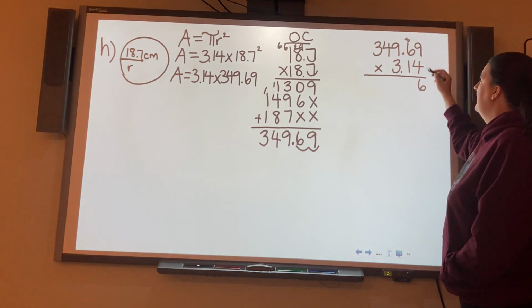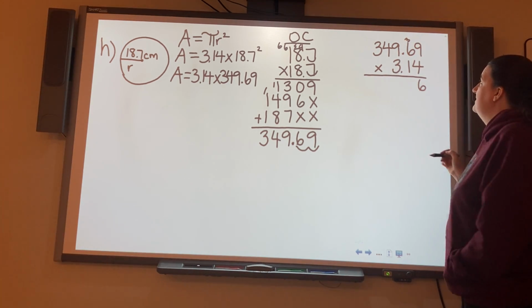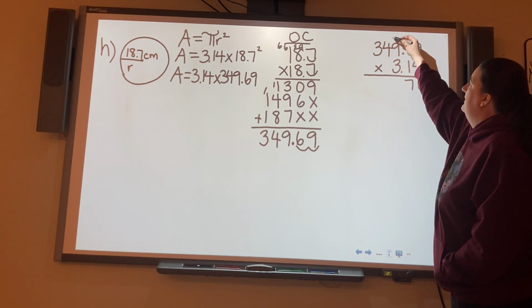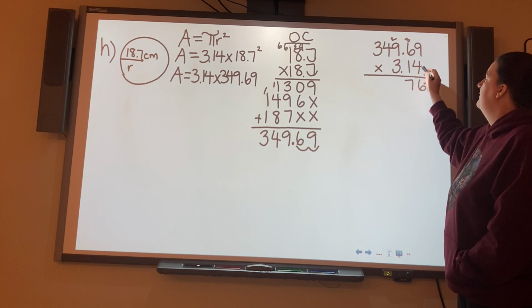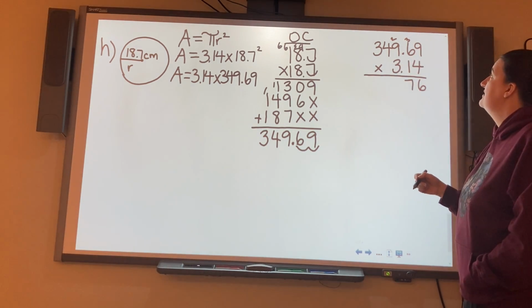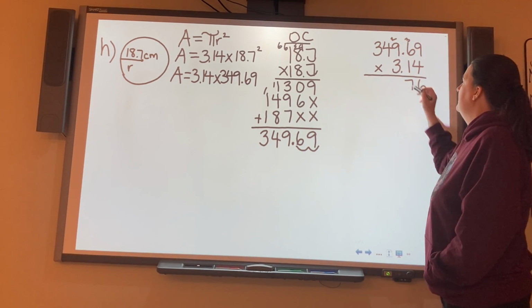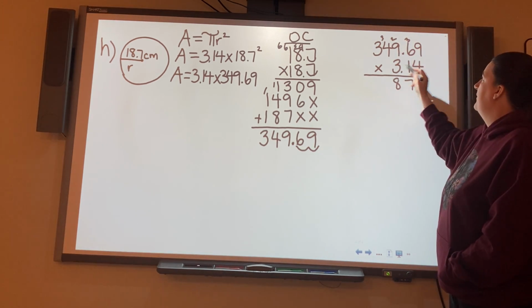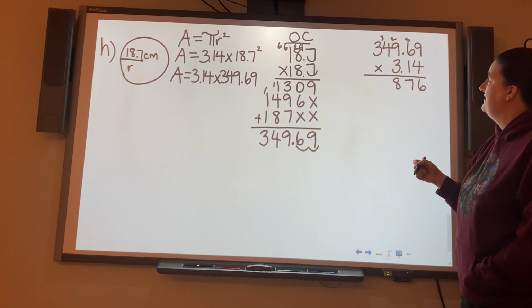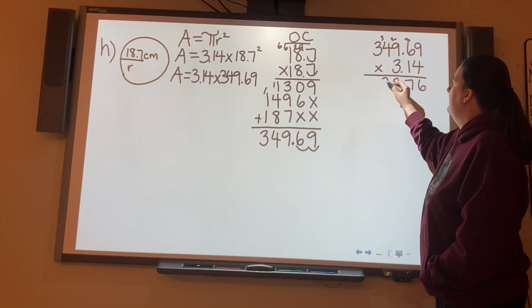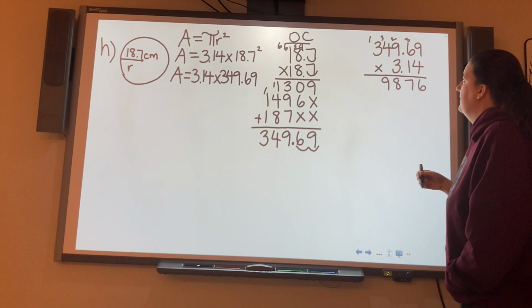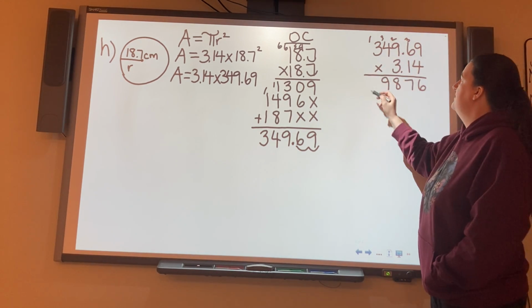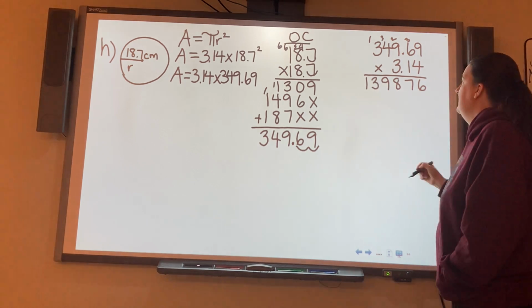Carry your 3. 4 times 6 is 24, plus the 3 that you carried is 27, carry your 2. 4 times 9 again is 36, plus the 2 that you carried is 38, carry your 3. 4 times 4 is 16, plus the 3 that you carried is 19, carry your 1. 4 times 3 is 12, plus the 1 that you carried is 13.